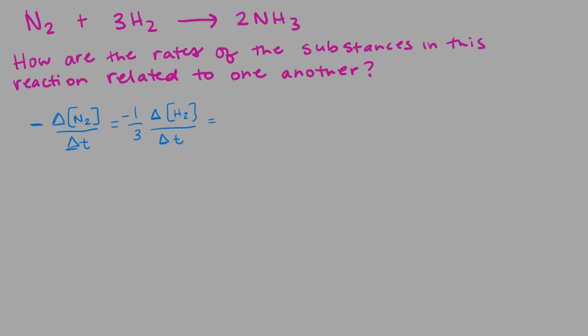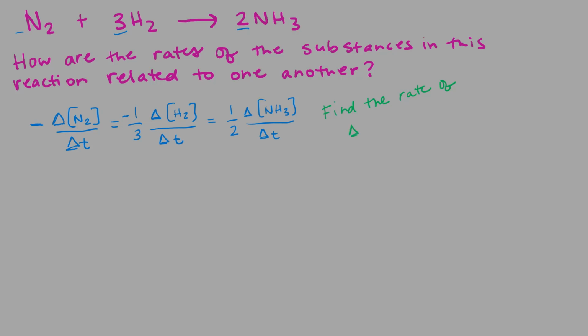And that would be equal to positive 1/2, because NH3 is being produced, change in the concentration of NH3 over change in time. So they're taking these coefficients and they're inverting them to make an equation instead of doing a mole to mole ratio.